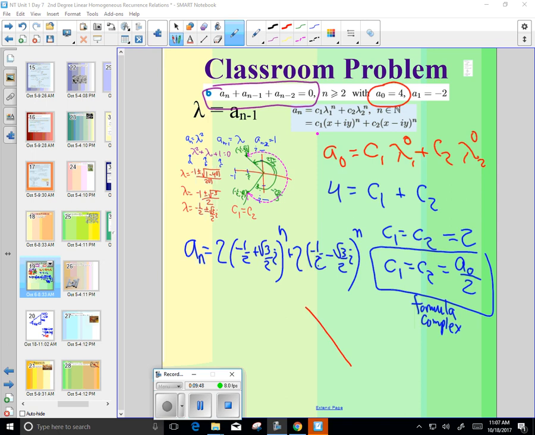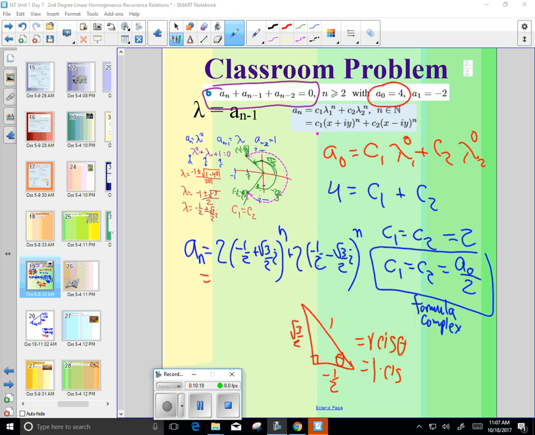So making a triangle here, we have theta, and this was negative 1/2. This was square root of 3 over 2. We need to find what r is. So what's 1/2 squared plus root of 3 over 2 squared? What's 1/4 plus 3/4? 1. So r cis theta is going to be equal to 1 cis.